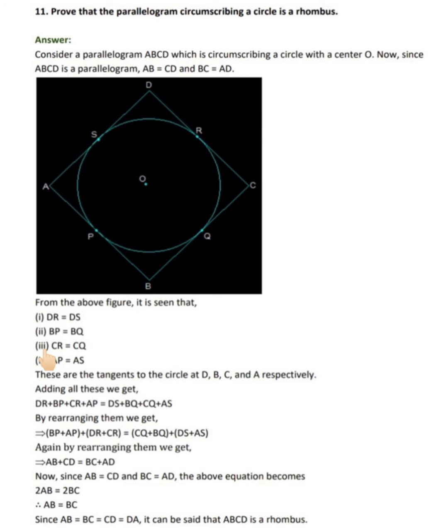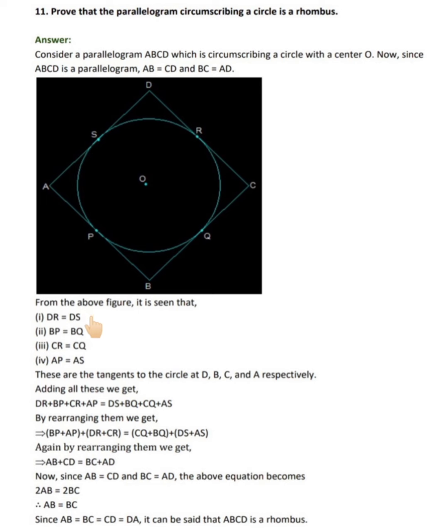So we will write it as DR equals DS, BP is equal to BQ, CR equals CQ and AP is equal to AS, because these are the tangents to the circle from points D, B, C and A respectively.